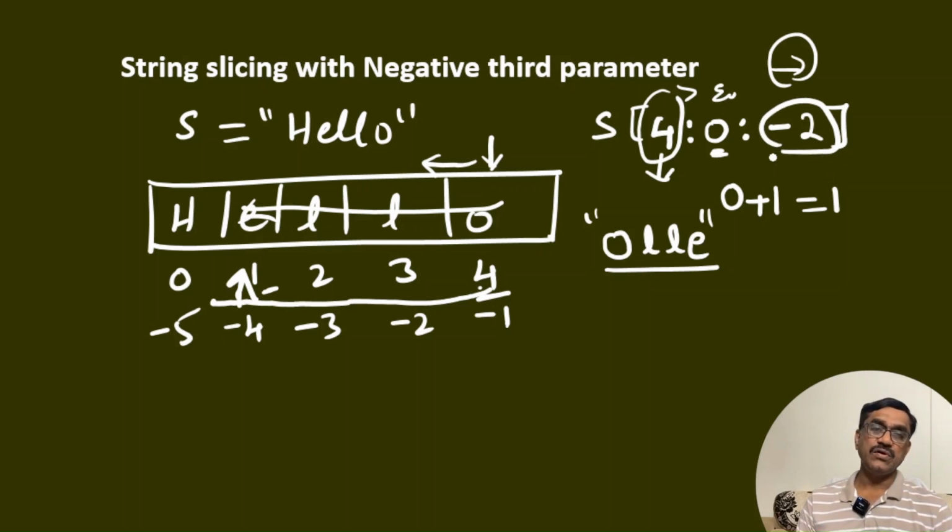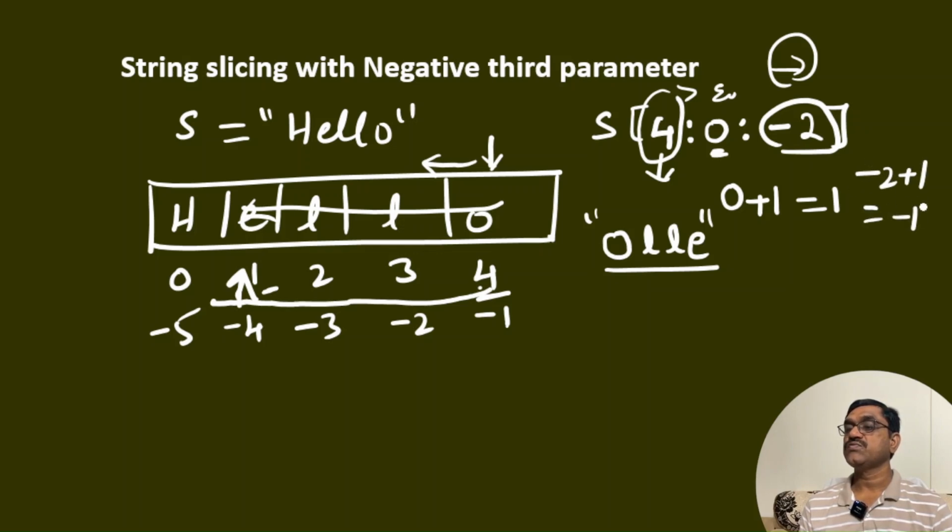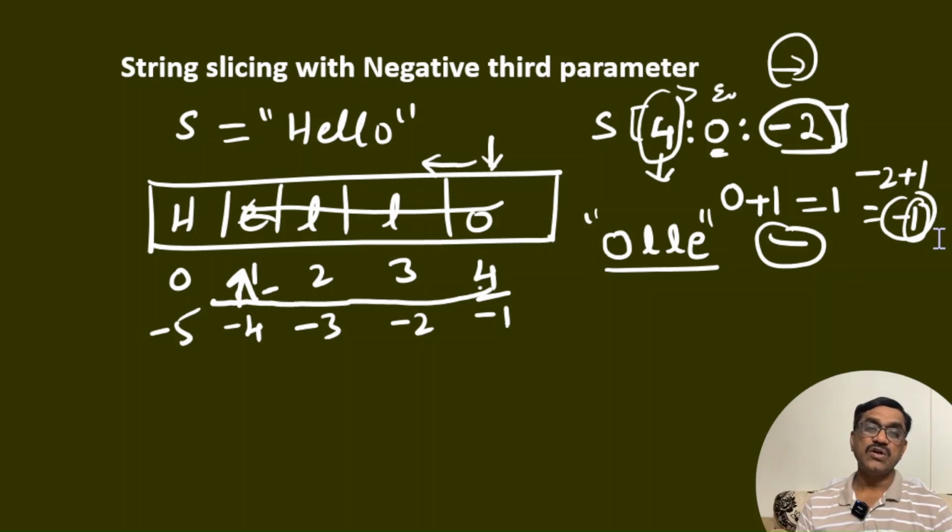As we discussed earlier, for the step value we subtracted 1. But here you have to add 1 to this step value. That means -2 plus 1, we are going to get -1. Minus represents the negative direction, but 1 indicates the number of characters that we are going to skip while moving from the end to start.